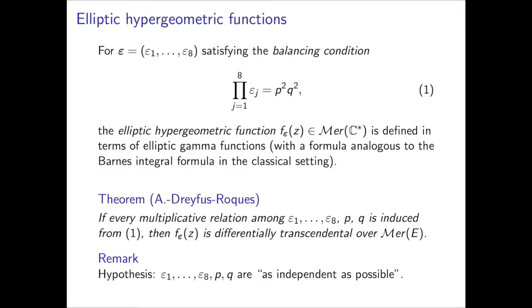Okay. So now finally, just like the classical hypergeometric function depends on these three parameters, a, b, and c, the so-called elliptic hypergeometric functions are going to depend on 8 parameters, and I'll need them to satisfy this balancing condition, which looks different from the one that we had earlier in trying to express p-periodic functions in terms of theta functions.